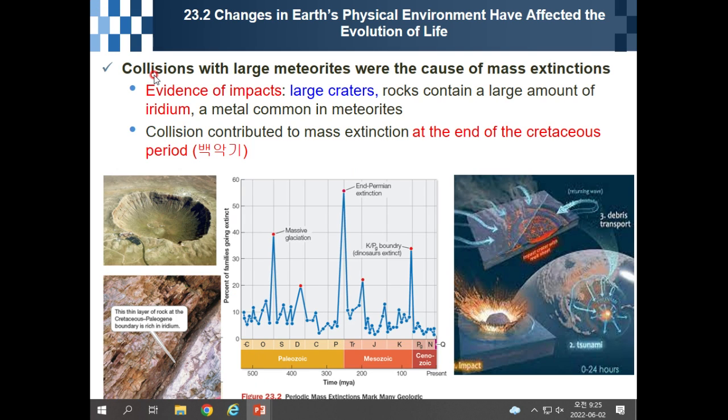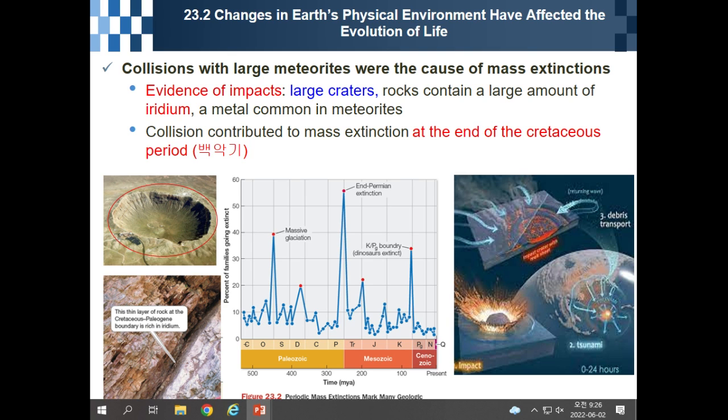And also collision with a large meteorite. Meteorite, in Korean we call it 운석, was also a cause of mass extinction. On Earth, there are several pieces of evidence of impact. For example, in some regions of our Earth we have large craters like this. Another example is the moon.